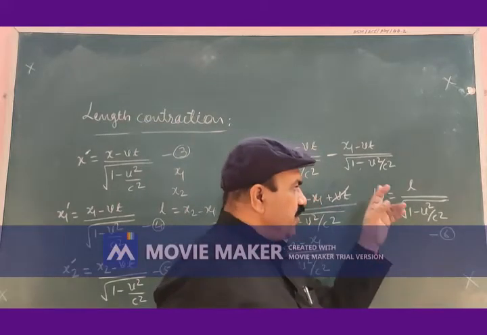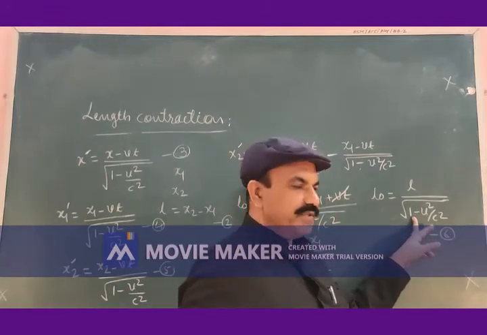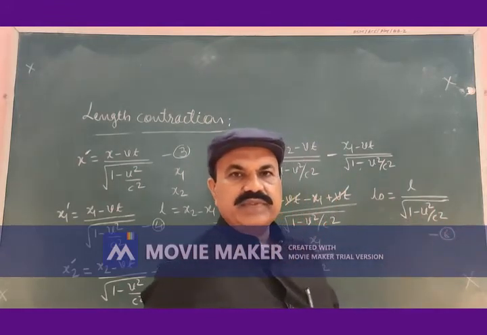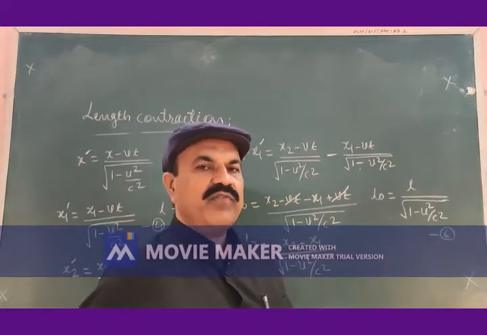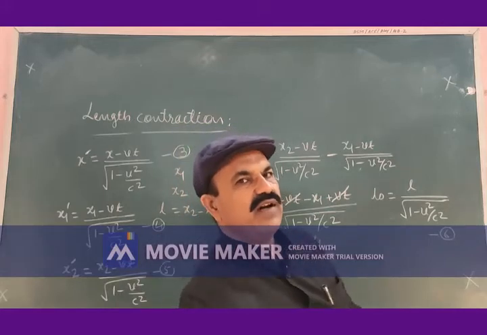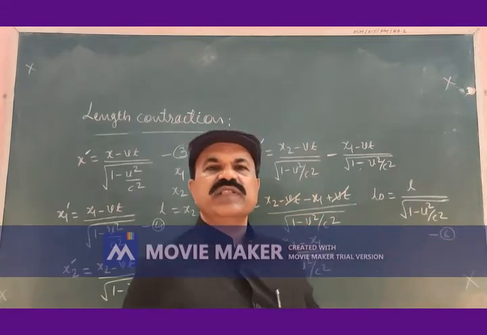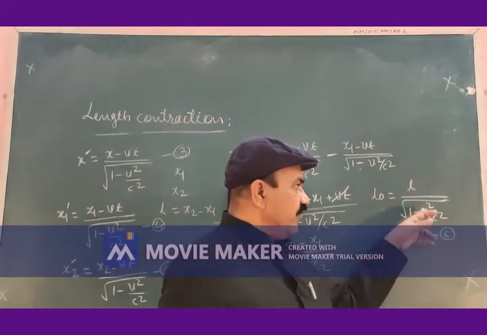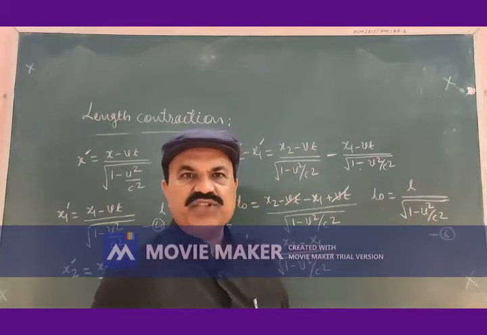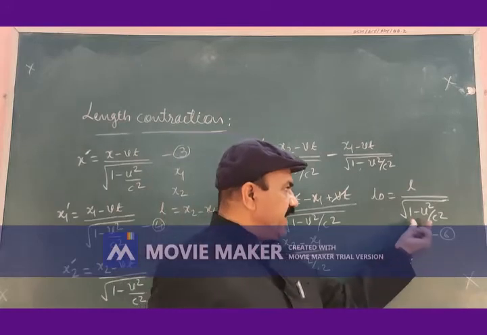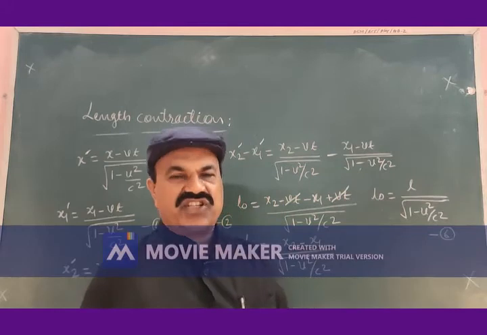Let us have a look into equation 6. Here, v is the constant velocity with which the frame of reference S dash is moving along the x axis, and c is the velocity of light. v is much smaller than c, and so 1 minus v square by c square will be a fraction.